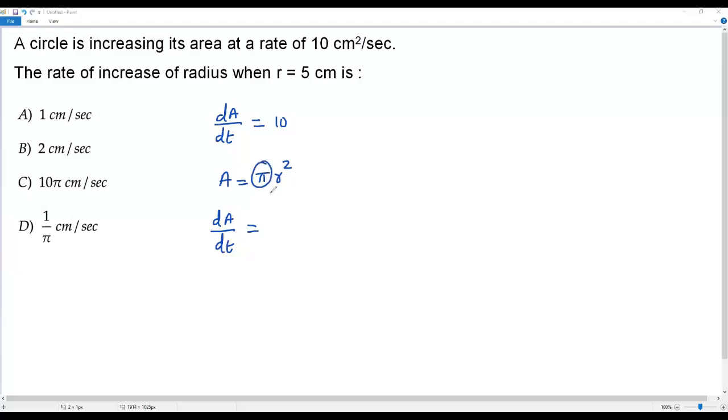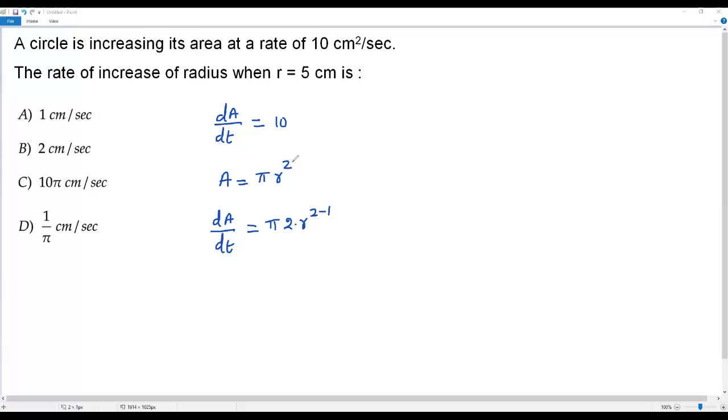Here pi is a constant multiplied by the variable. When I find the derivative of a product where a constant is multiplied by the variable, the constant should be kept as it is and I have to find the derivative of the variable alone. To find the derivative of r square, I have to use the power rule. I bring the exponent 2 in front of the variable r and subtract 1 from the exponent, so 2 times r to the power 2 minus 1.